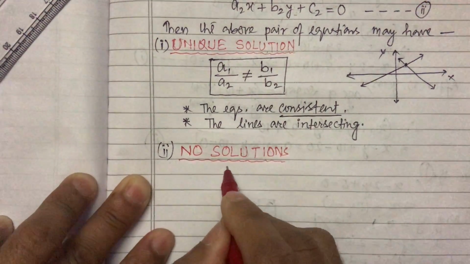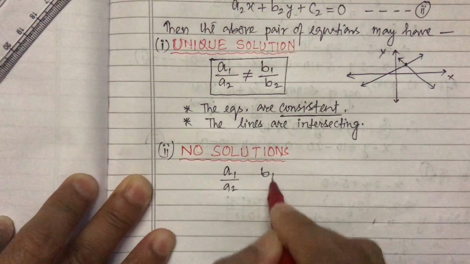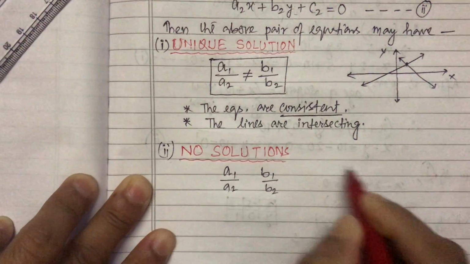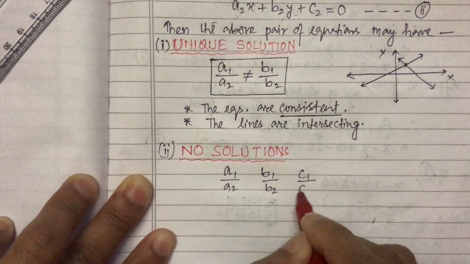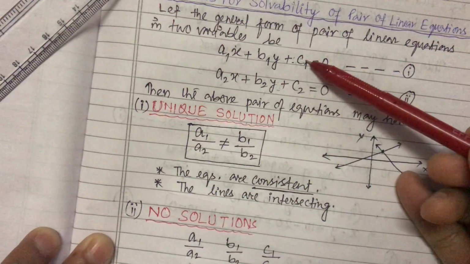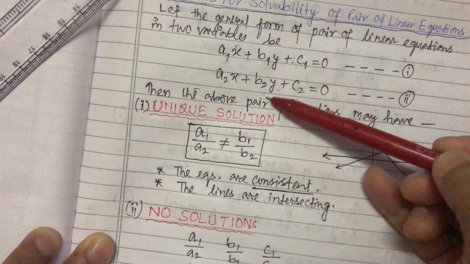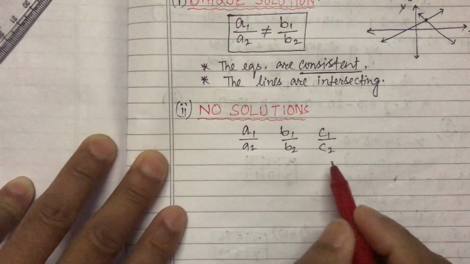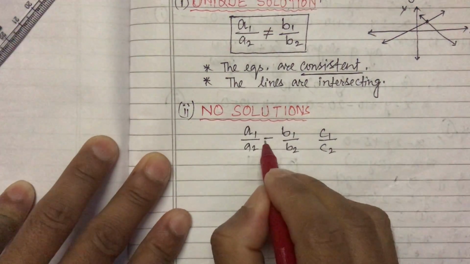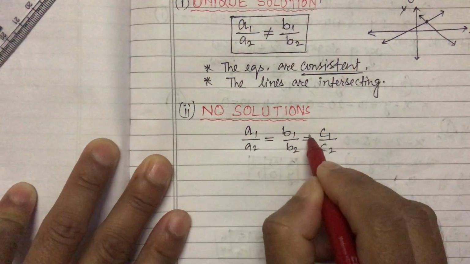the condition for this: a1 by a2, b1 by b2, c1 by c2. Now this third one is also added, c1 and c2. Okay, this all I'm taking, a1 a2, b1 b2, c1 c2. So the first ratio will be equal, a1 by a2 equals b1 by b2, and the third one will not be equal.